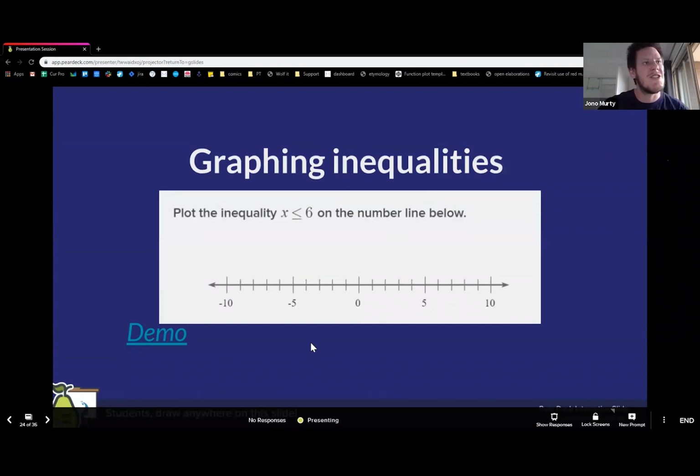Okay, so now you can draw on the screen and submit your answer. Plot the inequality X is less than or equal to 6 on the number line below.